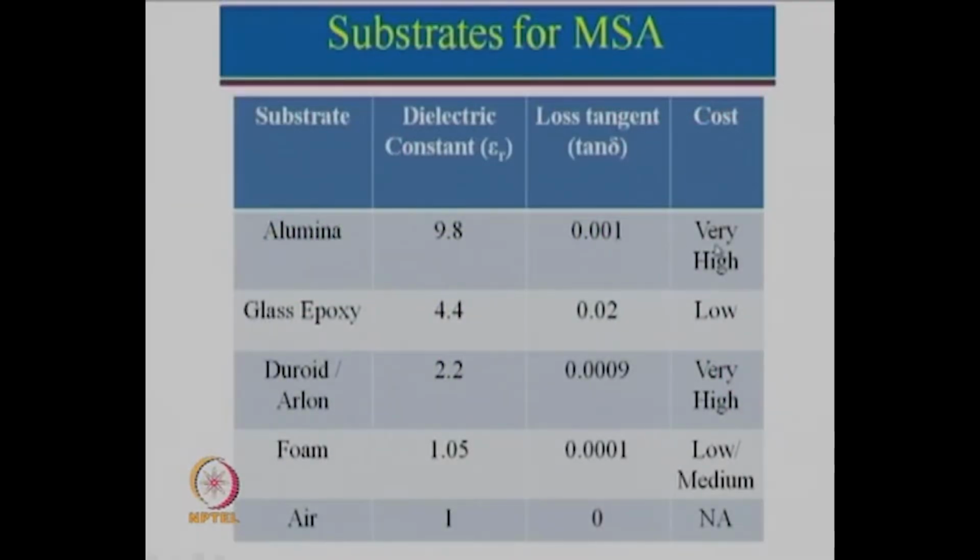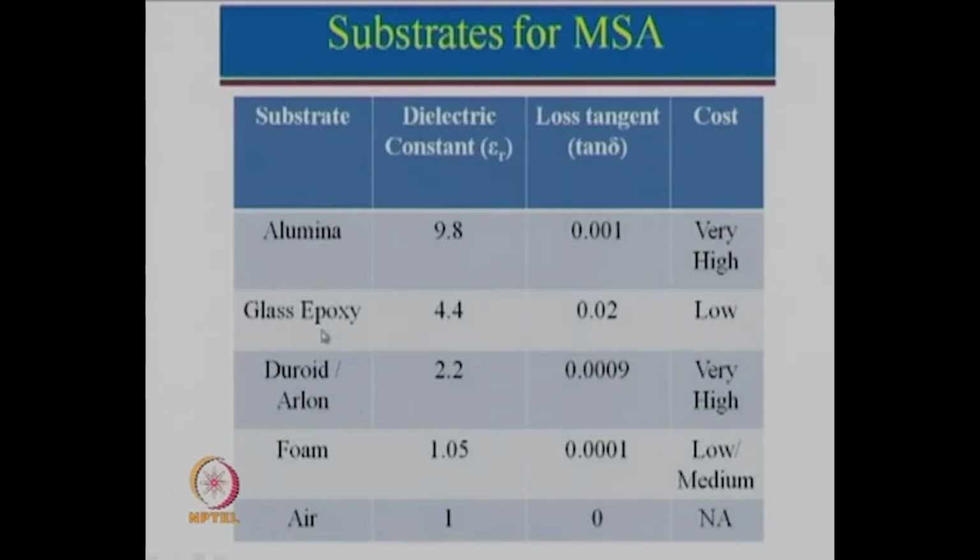So if the refractive index is 1.5, epsilon r will be 1.5 squared, which is 2.25. So these substrates are a variation of this. They are typically fiber reinforced glass. Okay, so fiber is put there.